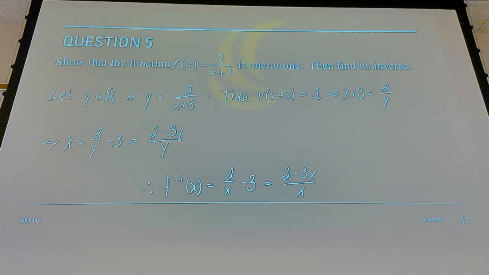So I would accept either of those, unless I ask to fully simplify. And for full simplification, you have to give me that one on the right.